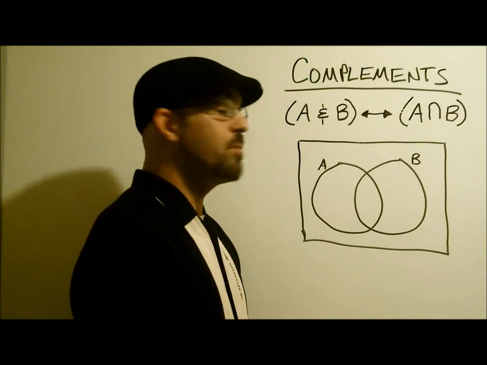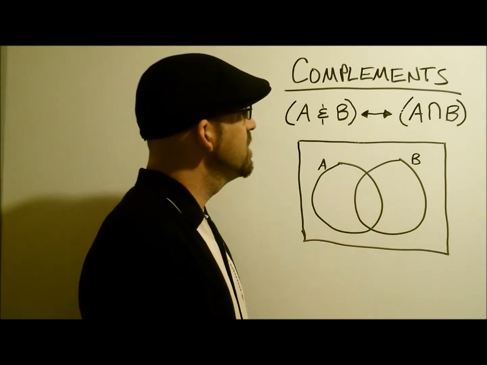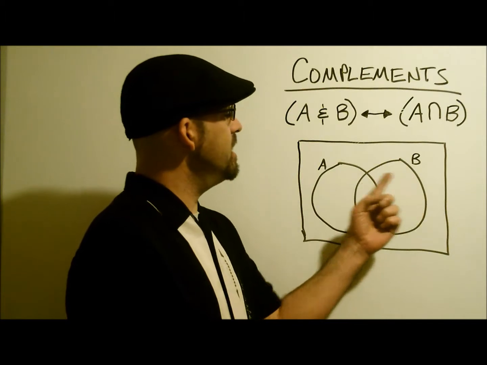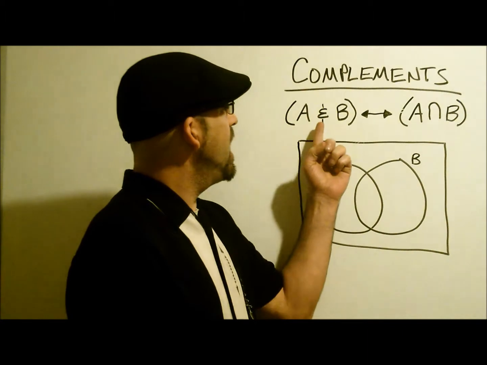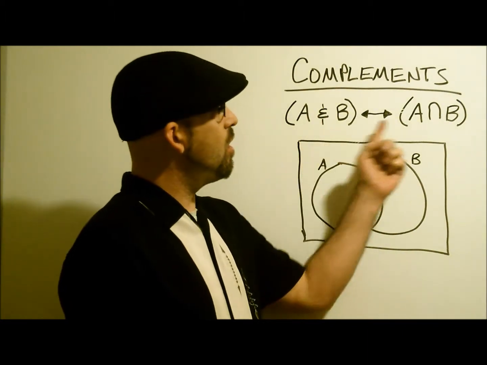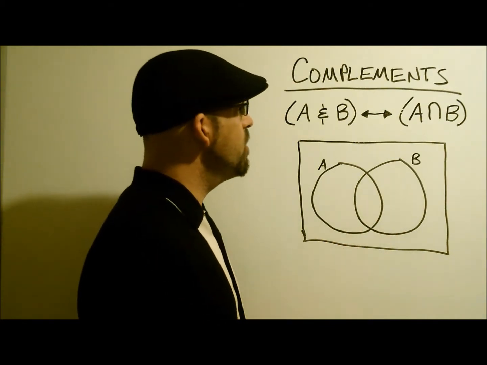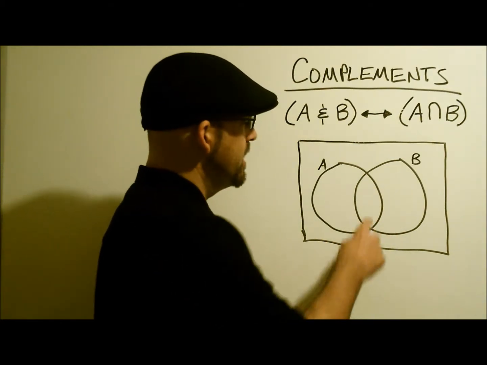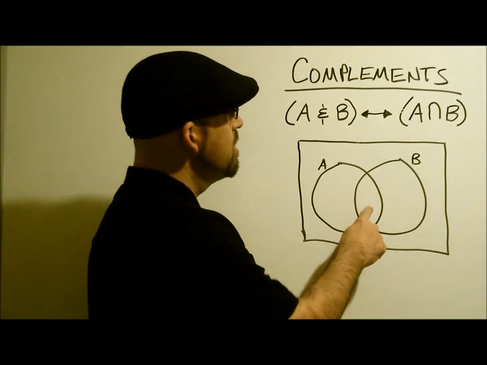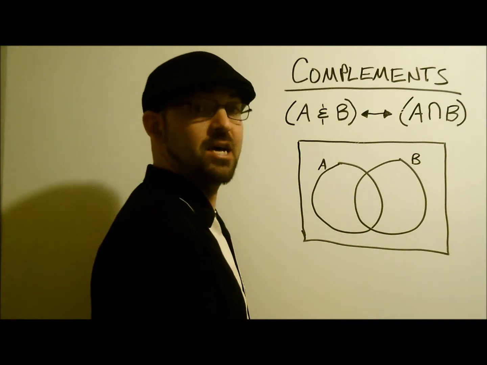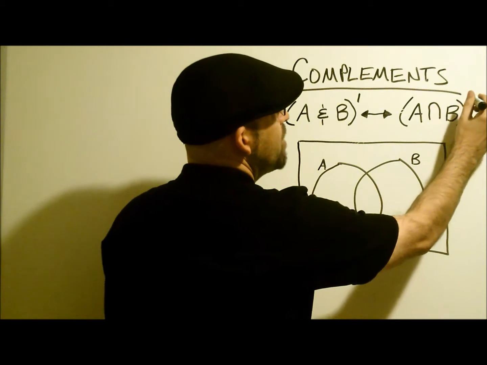So what about the prime, or the complement, of 2 intersecting sets? Well, we have A and B, and they are not mutually exclusive. A and B can be written this way, or in notation like this. So we know that A and B is this little surfboard looking shape right here in the middle. But I want to find the complement of A and B. So put a prime right there.